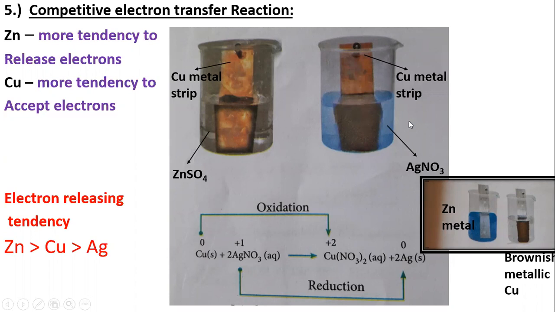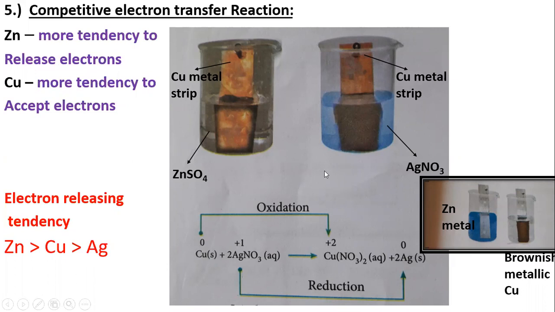That is, copper first replaces silver from the silver nitrate. In the place of silver, copper gets replaced. And again zinc will have more tendency to release electrons, and the electron releasing tendency of zinc will be in the higher state.